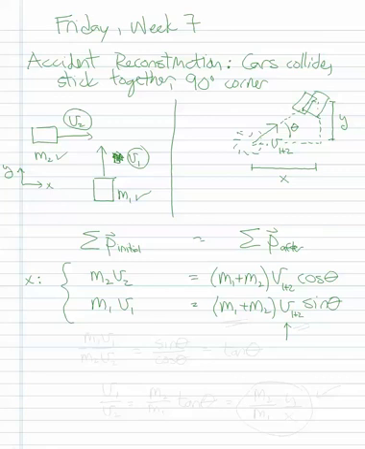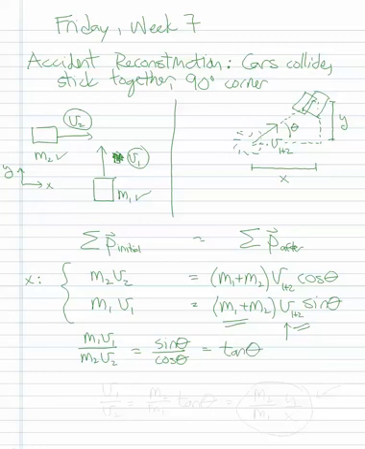One quick way to do this is to simply divide one equation by the other. When I do that, I get m1 v1 all over m2 v2 equals, and the masses cancel out, the velocities cancel out, and all I'm left with on the other side is sine theta over cosine theta, also known as tangent theta.